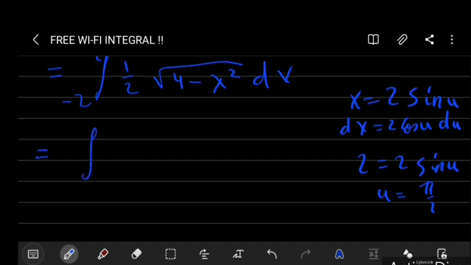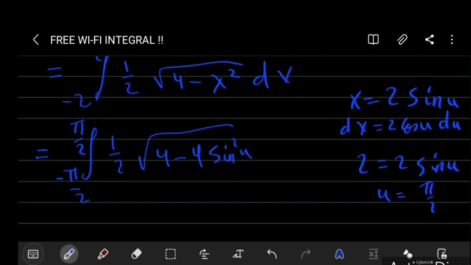So it will be the integral from negative pi over 2 to pi over 2 of half square root of 4 minus x squared, which will be 4 sine squared of u, and dx is equal to 2 cosine u du.